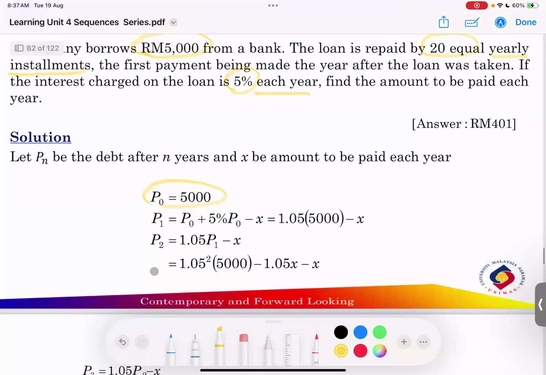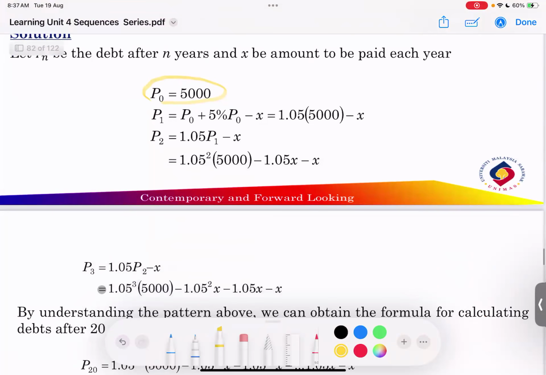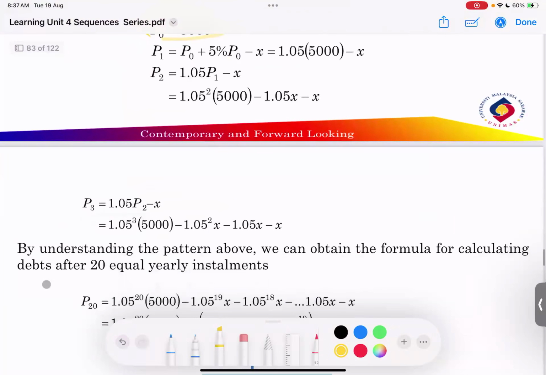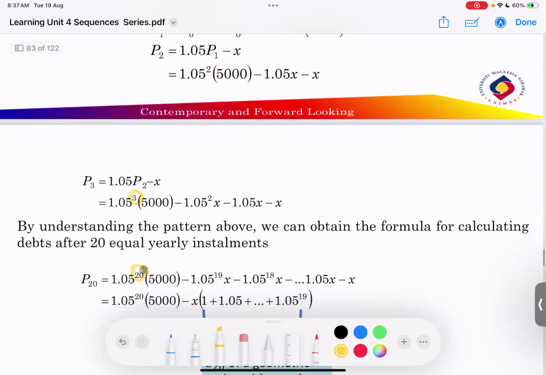Okay, so with this development of the formula, you can see for the third year, you will get this one. So by understanding the pattern above, we can obtain the formula for calculating the debt after 20 equal yearly installments. So this one is a continuous happening. You look into this formula, look at the power here. Since there are 20 years, we are going to substitute the power here with 20, and then you are going to see that it's getting less and less and less.